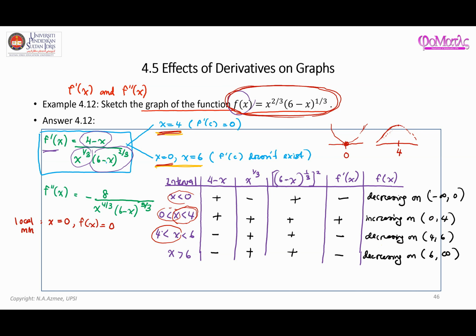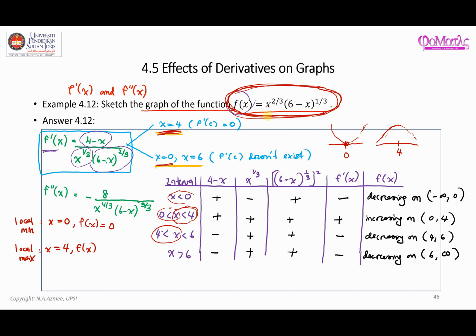Based on this idea, at point x equals 4, there must be a local maximum point. So I'm going to write down the local maximum point is when x equals 4, and you can find the value of fx by substituting 4 into this function.